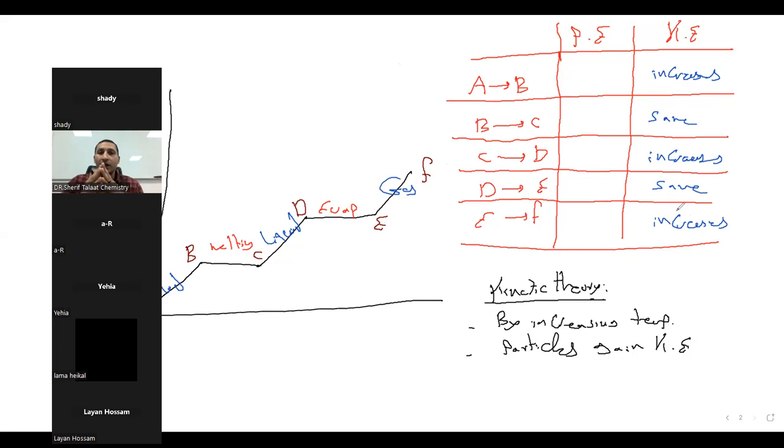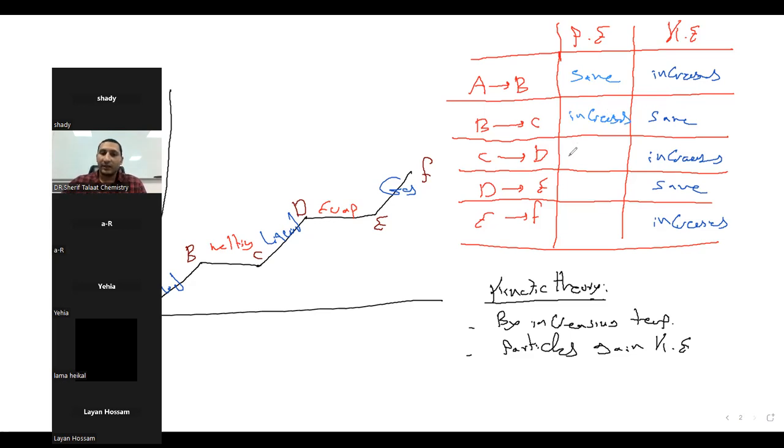Okay, on the other side, potential energy is the energy stored inside the body. A to B, temperature increases, potential same. B to C, is there any change in temperature? No. So potential increases.